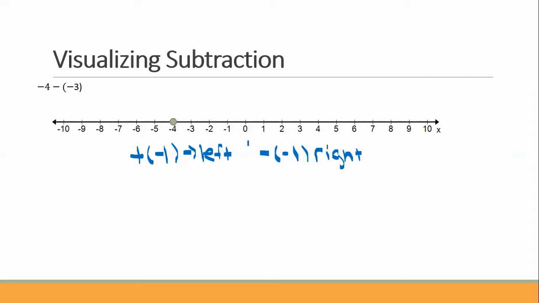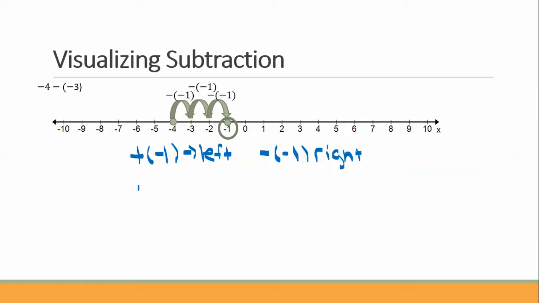Subtraction means we're taking away. We're taking away -1, so if we're taking it away, we're moving to the right instead of the left this time. So -4 minus -3, minus -1 minus -2 minus -3, and we're left with -1.